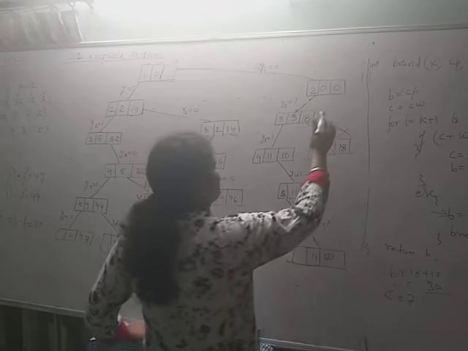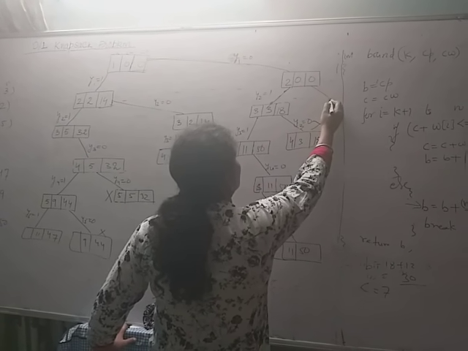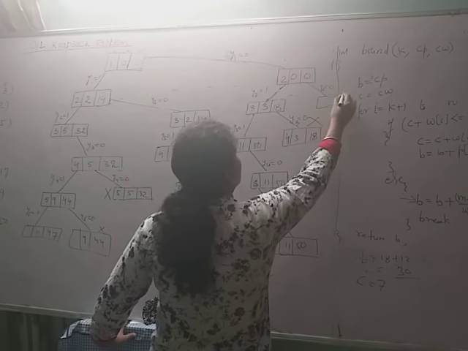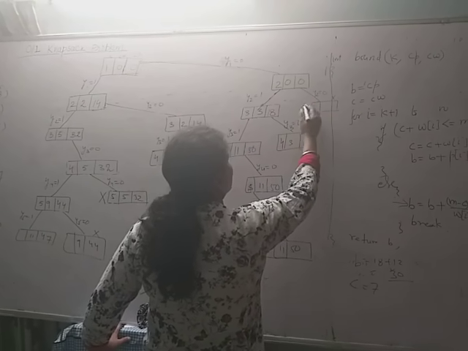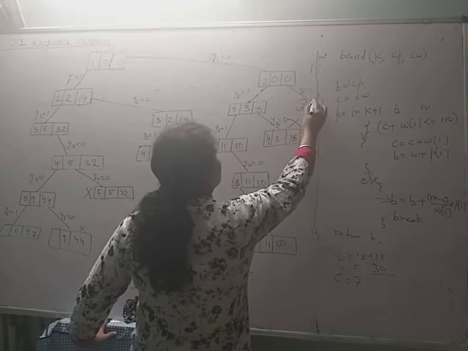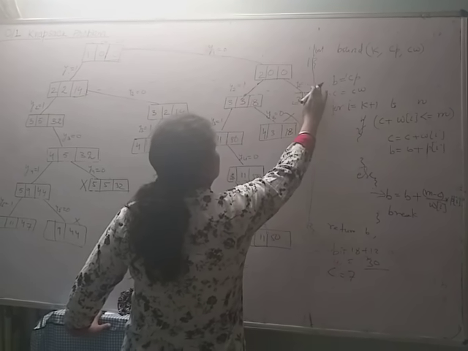Similarly, you can check that if we consider y2 equal to 0, then again you can trace this, 3, 0, 0.